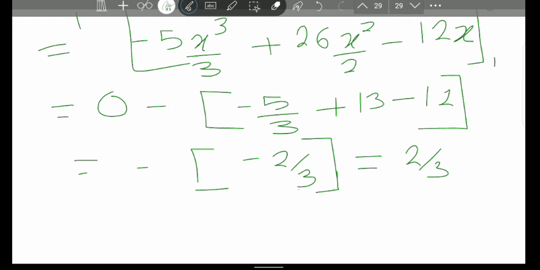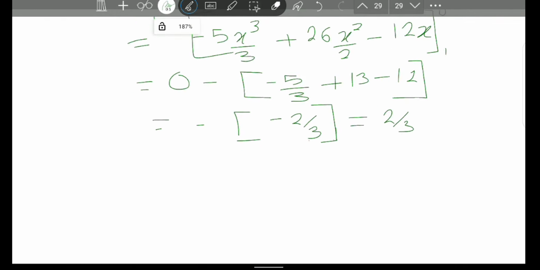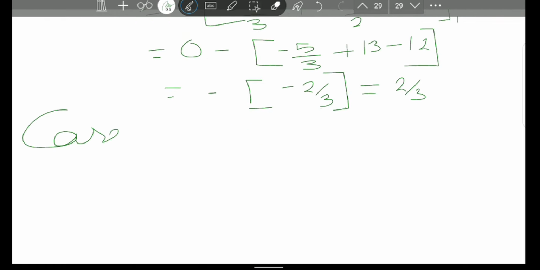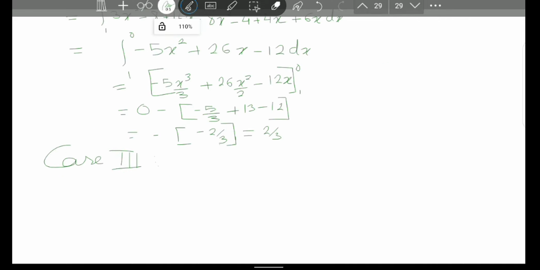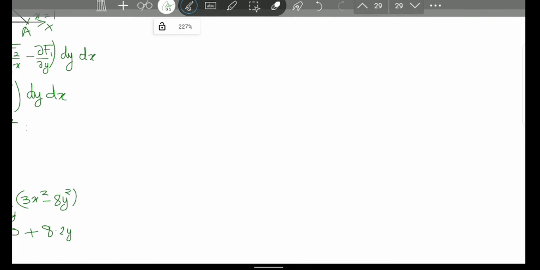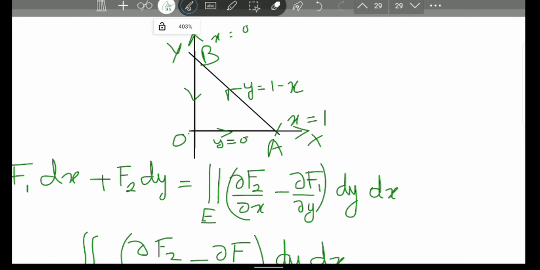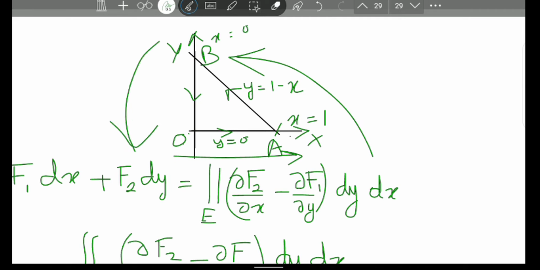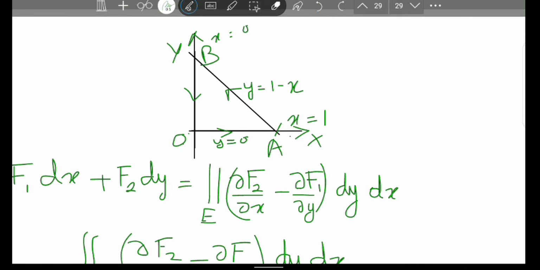Last case, a bit simple. Case 3, let's look at the triangle once again. We have traversed from O to A, and then from A to B, and lastly we should return from B to O to make a complete closed curve, and that's in anti-clockwise direction.